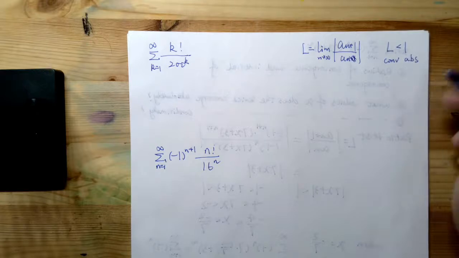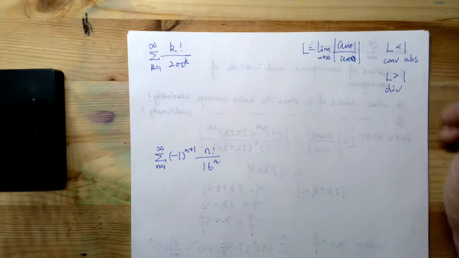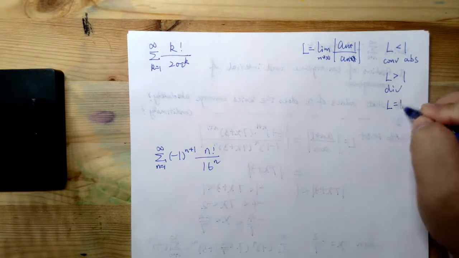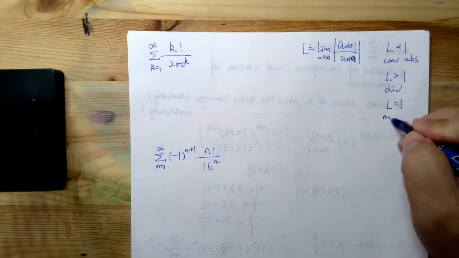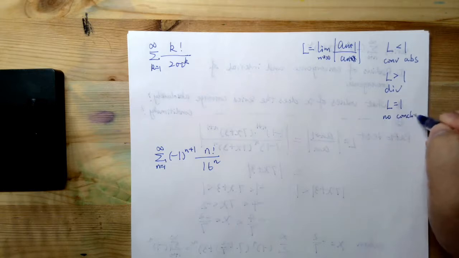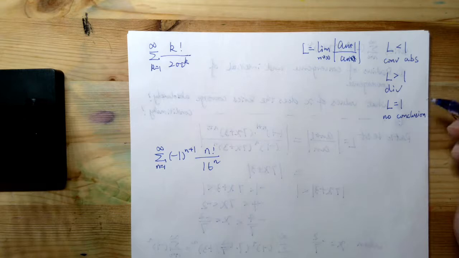If capital L is greater than 1, the series diverges. And when capital L equals 1, there is no conclusion. It is inconclusive, and we need to think about other types of methods to check.